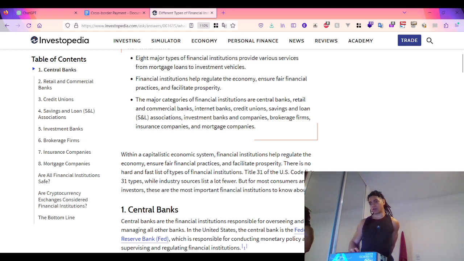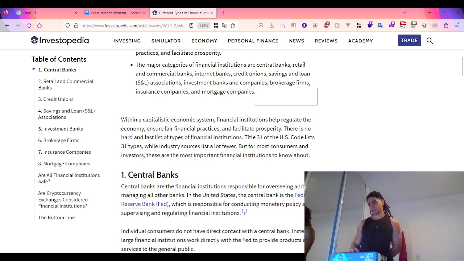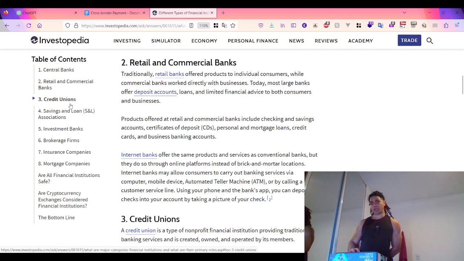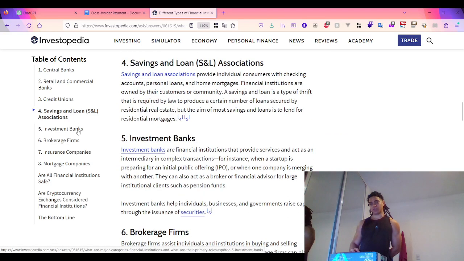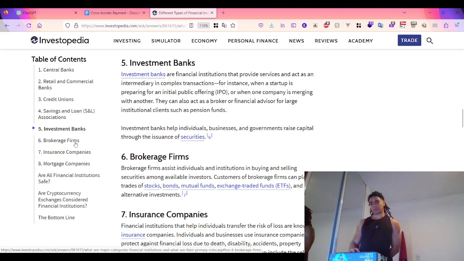There is no hard and fast list of types of financial institutions. Title 31 of the US Code lists 31 types, while industry sources list a lot fewer. But for most consumers and investors, these are the most important financial institutions to know about: central banks, retail and commercial banks, credit unions, savings and loan associations, investment banks, and brokerage firms.